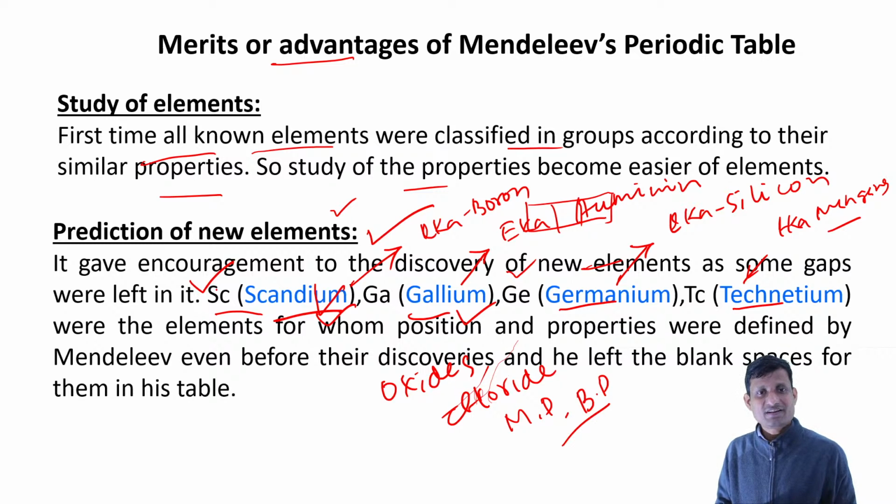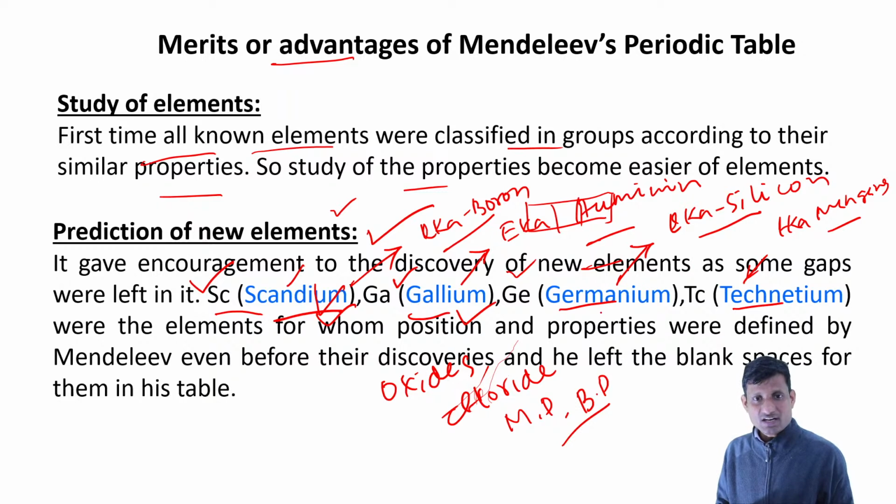At that time these elements were not known to us, but he proposed that later we would find them and they would be available to us: scandium, gallium, germanium, and technetium. In the exam you won't see this kind of direct question. Instead you will see: in Mendeleev's periodic table, what is eka aluminium, what is eka boron, what is eka silicon, or what is eka manganese.